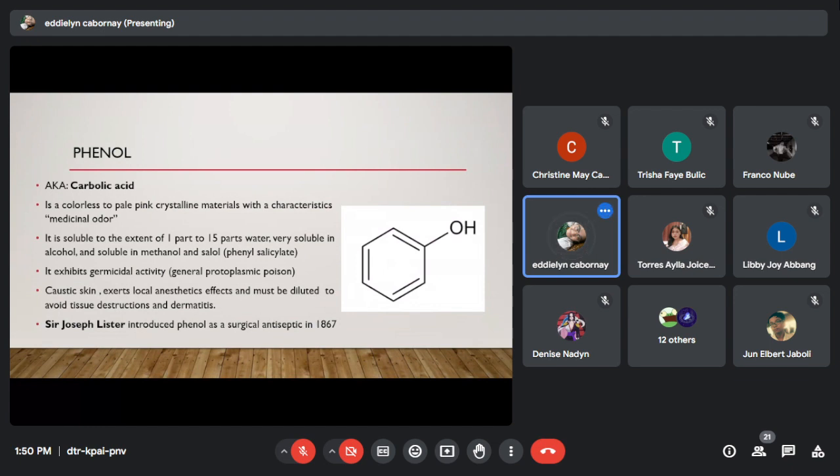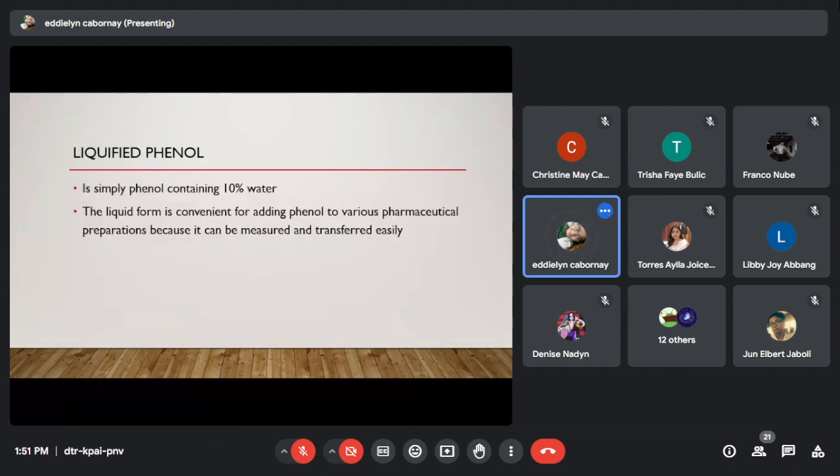And a 4% solution of phenol is used to cauterize small wounds. So it depends also on the concentration, the way of use or the medical use.